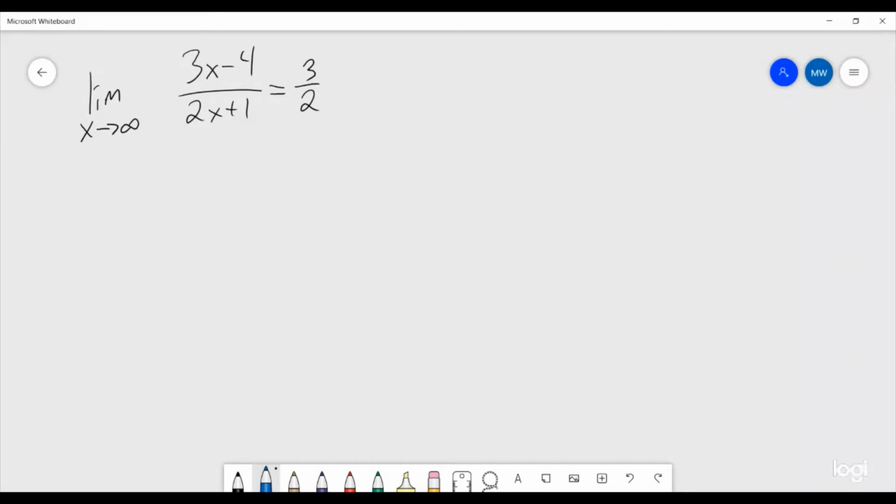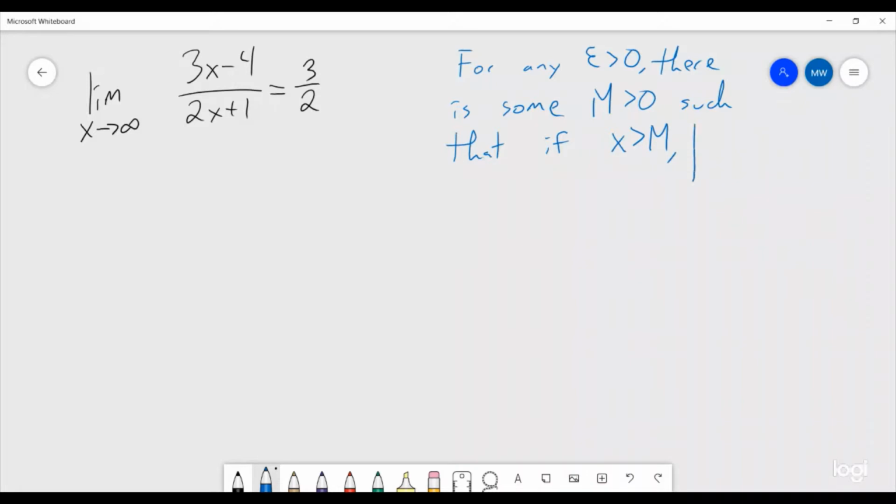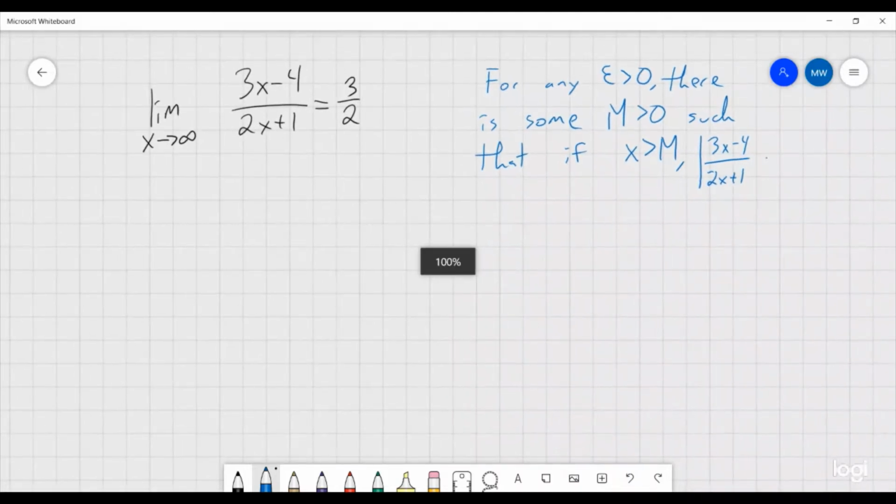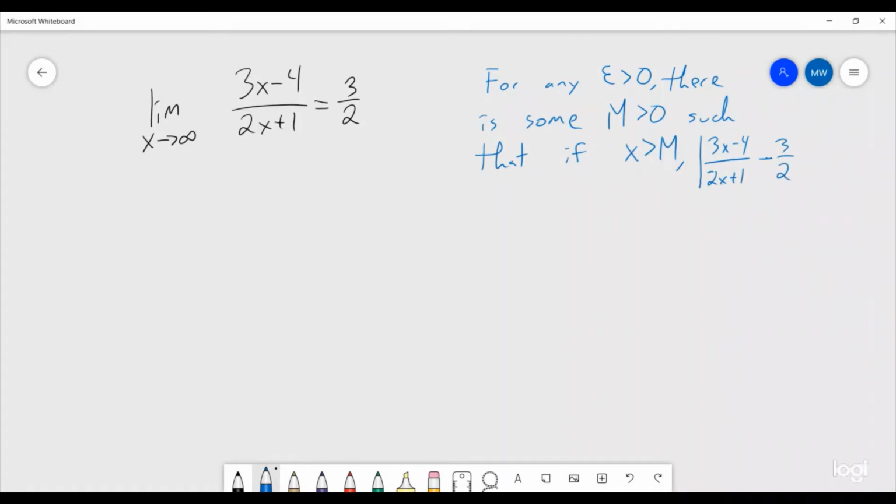So what we are going to have to do is say that for any epsilon greater than 0, there is some big M greater than 0 such that if x is bigger than M, the absolute value of (3x minus 4) over (2x plus 1), minus 3 halves, has to be less than epsilon.